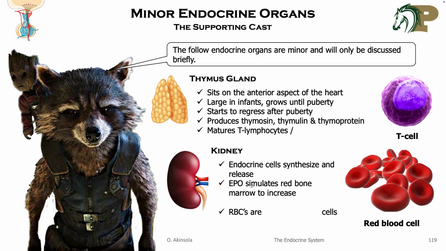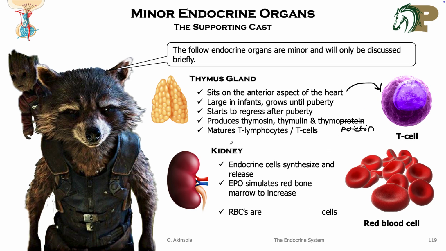Produces thymosin, thymulin, and thymopoietin. Sorry, that should be thymopoietin, not thymoprotein. And of course, as we said before, this will mature T lymphocytes, otherwise known as T cells, which we see over here. Okay.